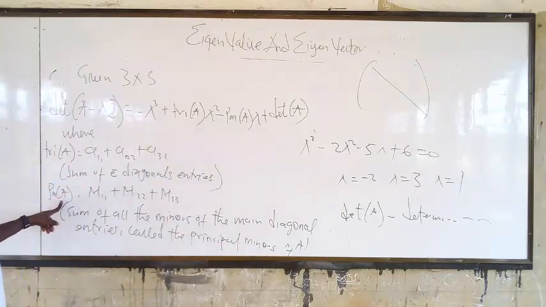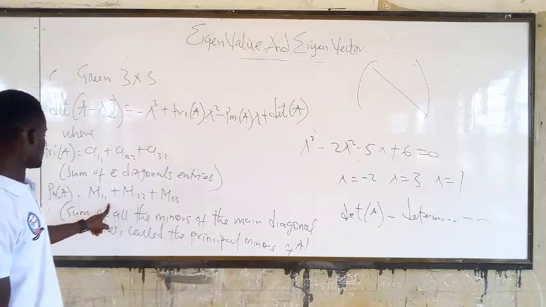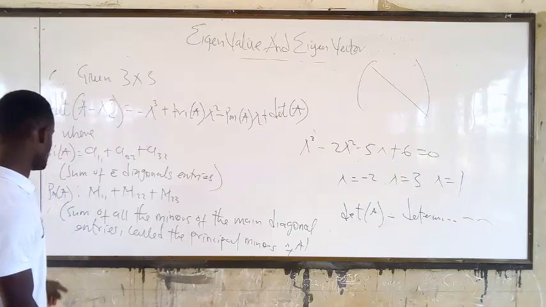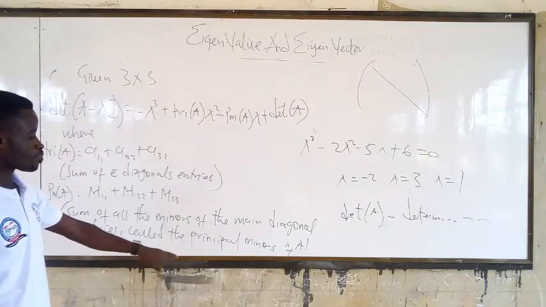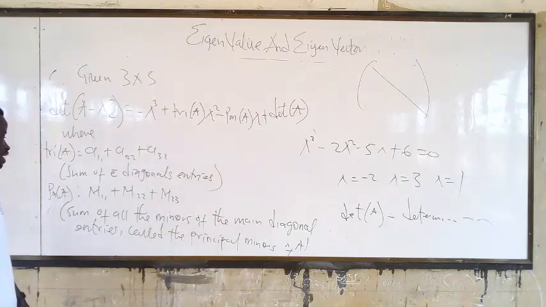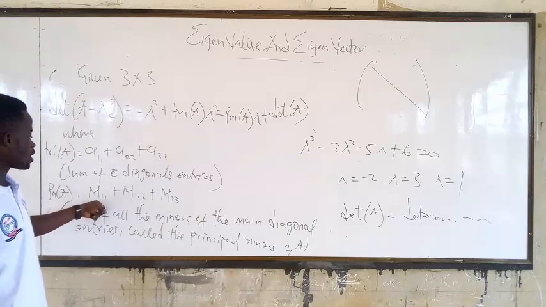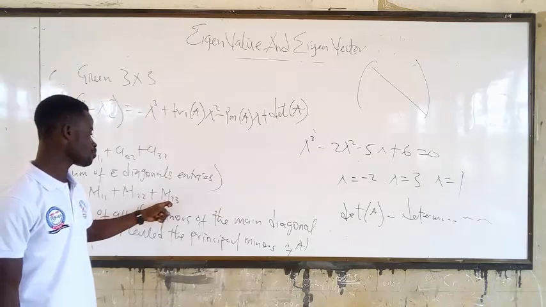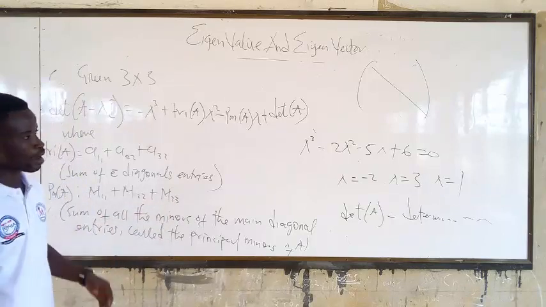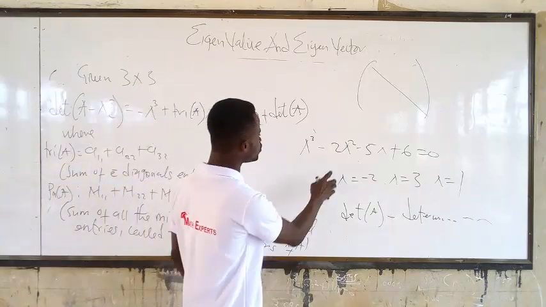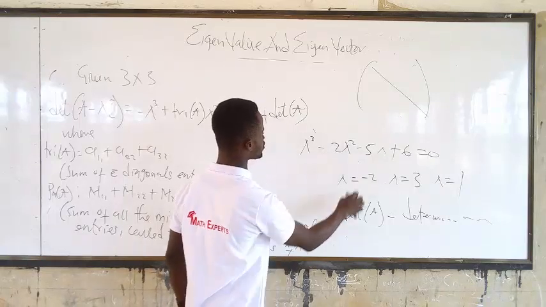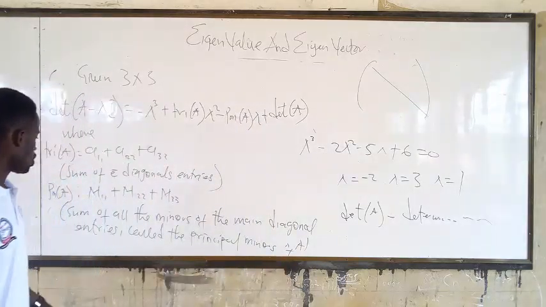Then you come back to the PMA. That is the sum of all the minors of the main diagonal entries, called the principal minors of A. So you look for M11, M22, M33, then you sum them up, and that is what is going to give you this value.